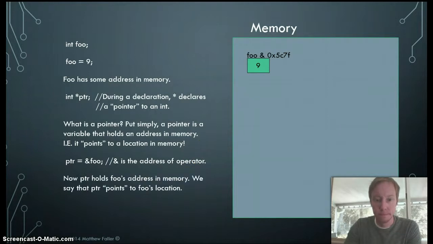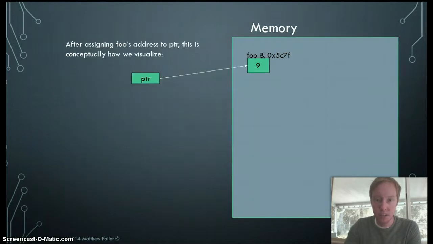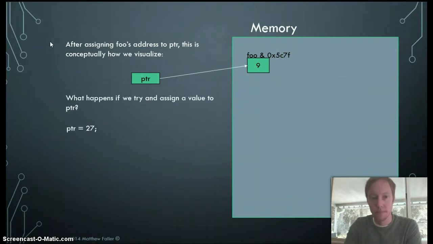So we kind of visualize this by drawing a line from our pointer variable to some place in memory that holds the actual value that we want. So let's say hypothetically we could assign any value we wanted to a pointer. So we change it to address 27, for instance.